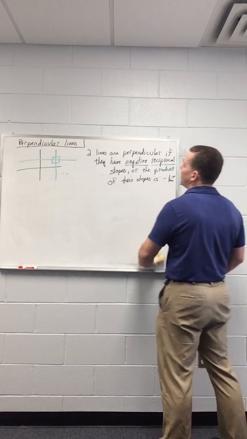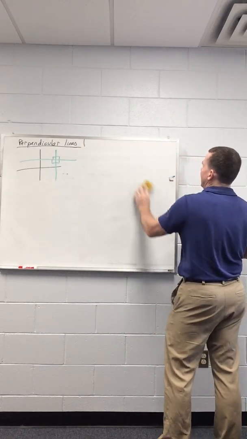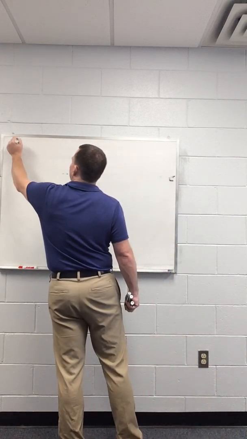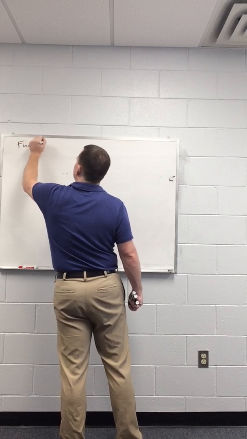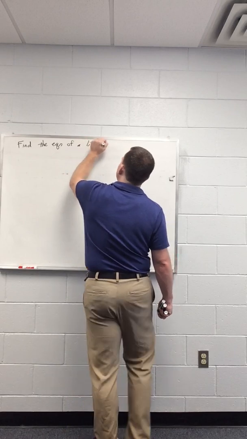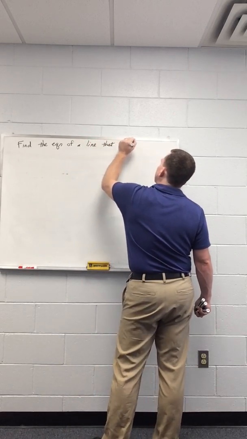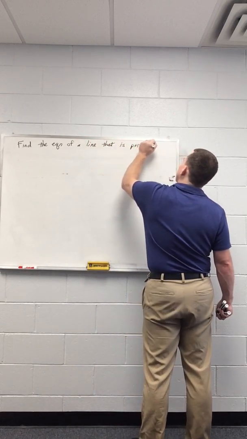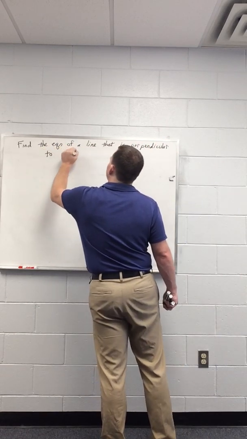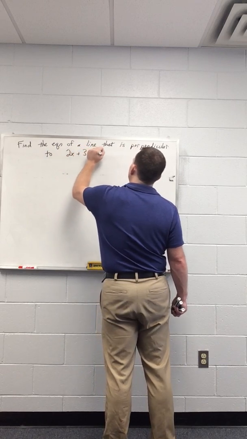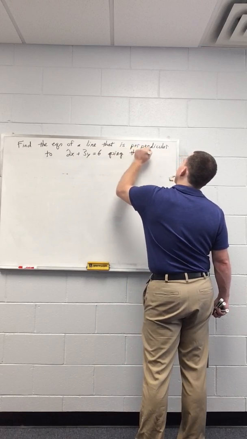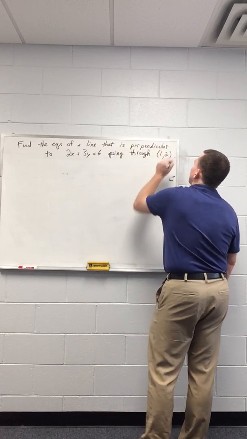Now we have an idea of the definition. We just want to solve a problem, but it'll be very similar to the problem we just solved. Find the equation of a line that is perpendicular to 2x plus 3y equals 6, going through (1, 2).